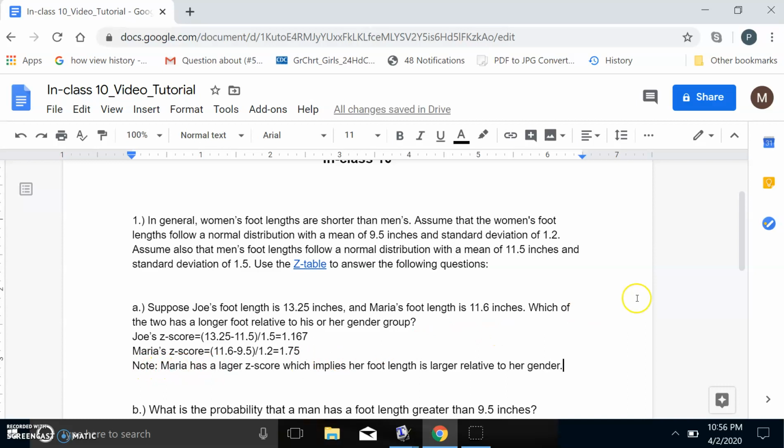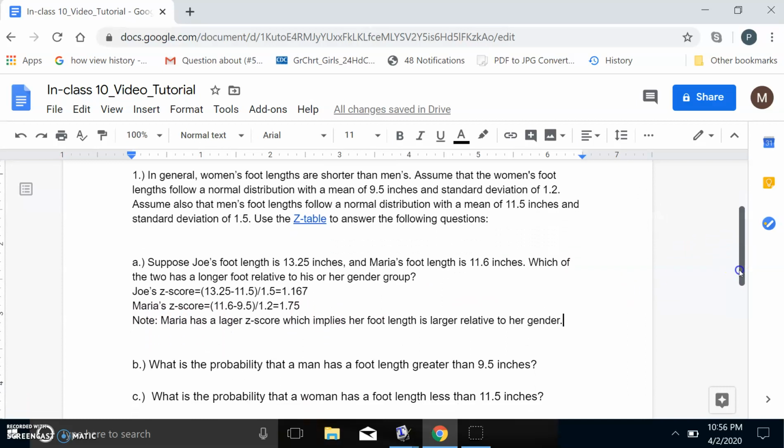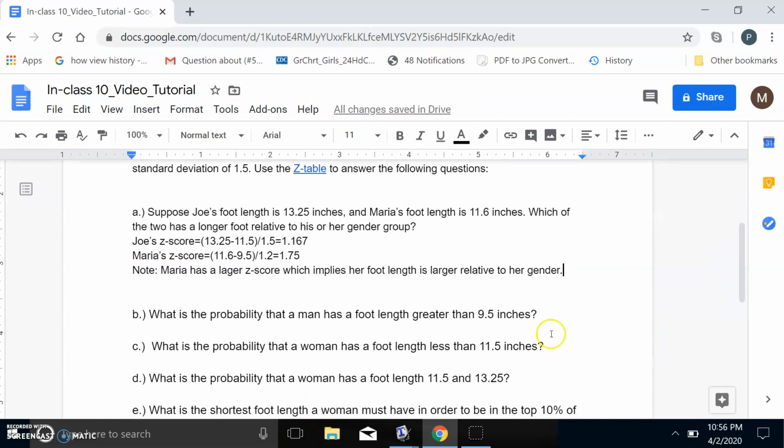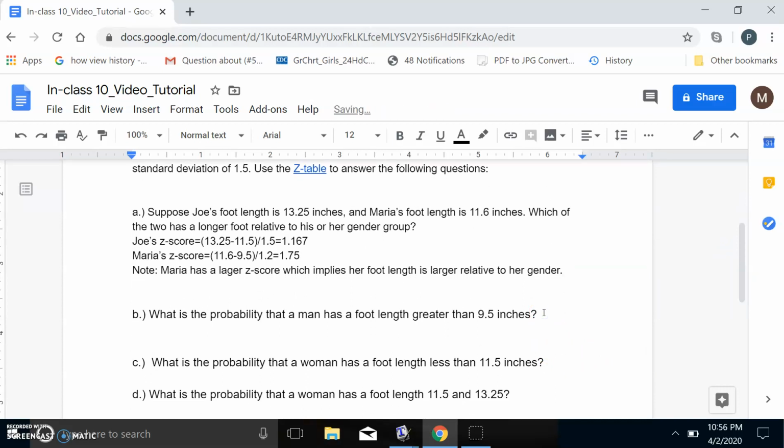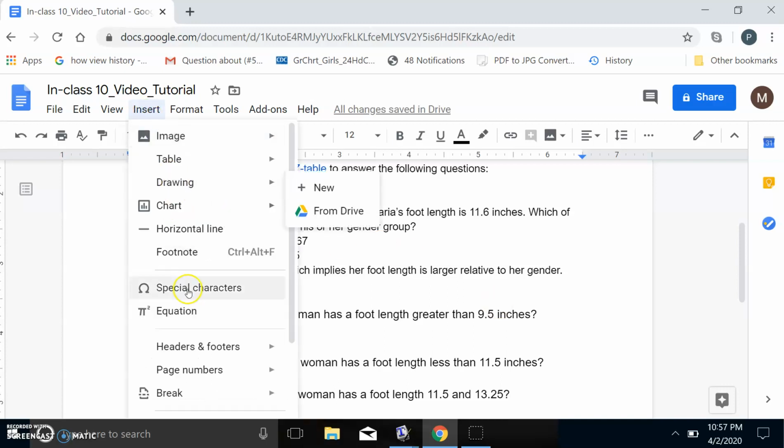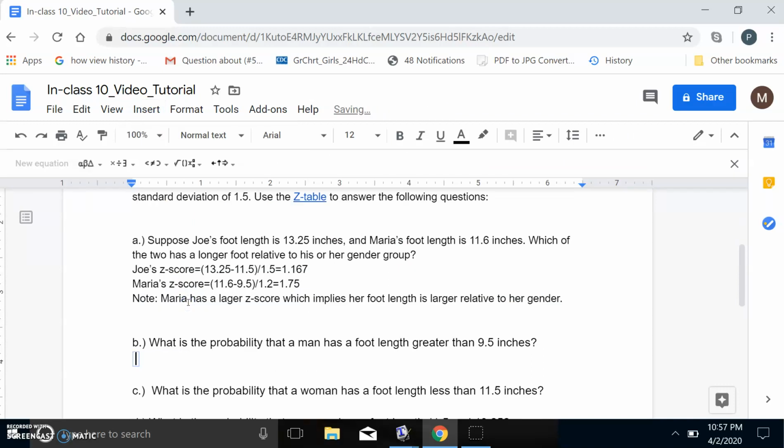Okay, so let's do part B now. What is the probability that a man has a foot length greater than 9.5 inches? So we're looking for the probability that X is greater than 9.5.